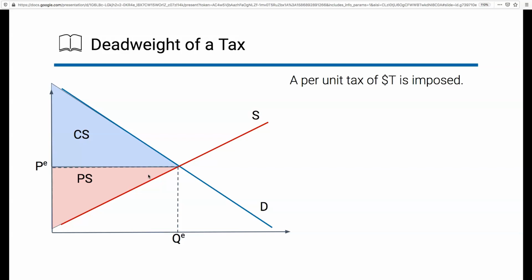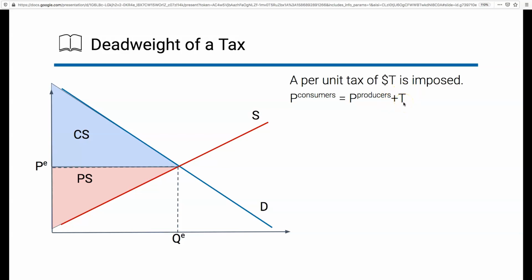And so to make things familiar to you, think about how the tax is added on top of the price that you see on the price tag when you check out either online or in a grocery store or in a pharmacy. So after tax, the price that the consumer pays equals the price that the producer receives plus this $T that the government gets.